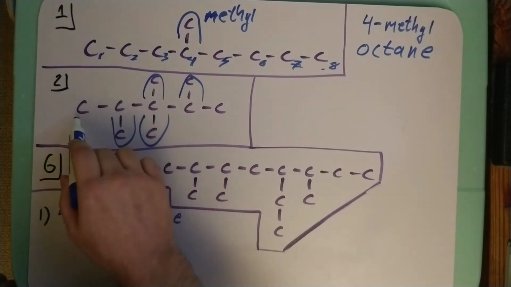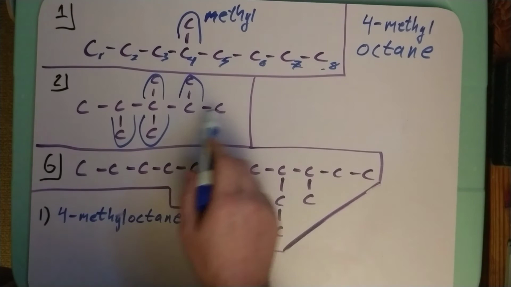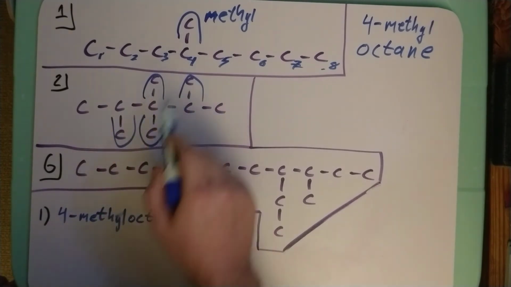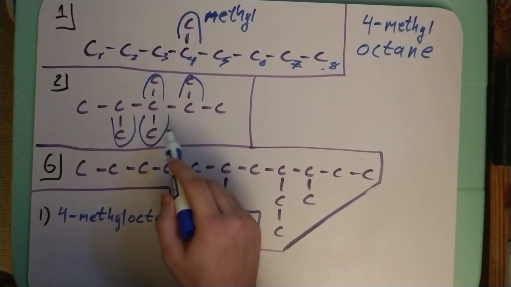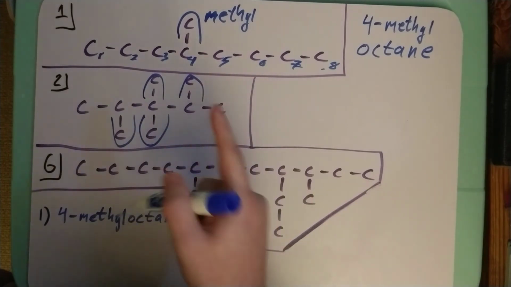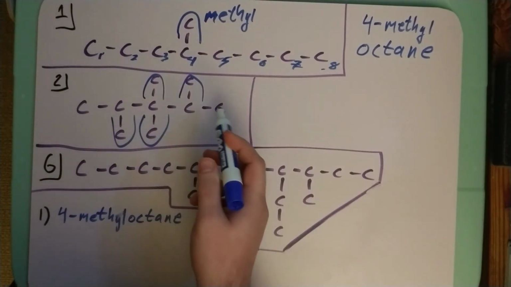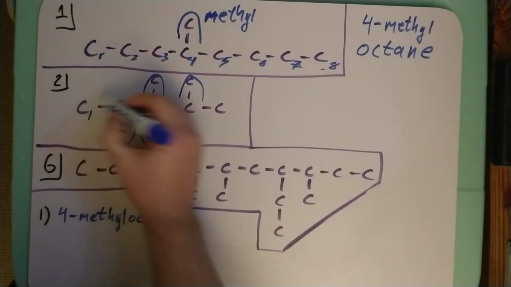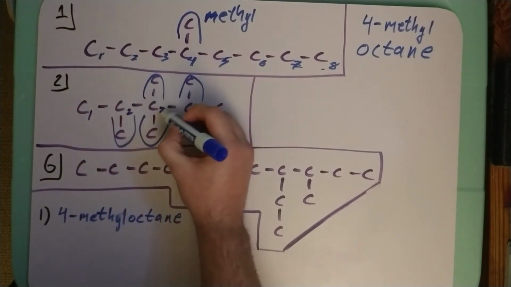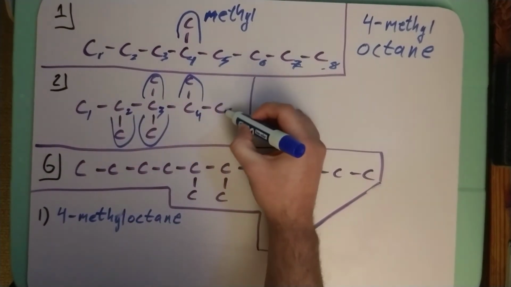Well, if we number it the other way, 1, 2, 3, 4, 5, we still have the exact same distribution of branches. So in this case, it doesn't actually matter which end we start on for numbering. So I'm just going to pick this one. So 1, 2, 3, 4, 5.